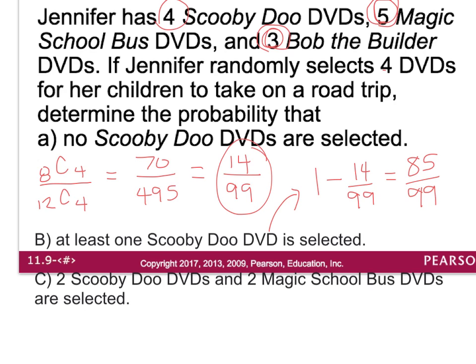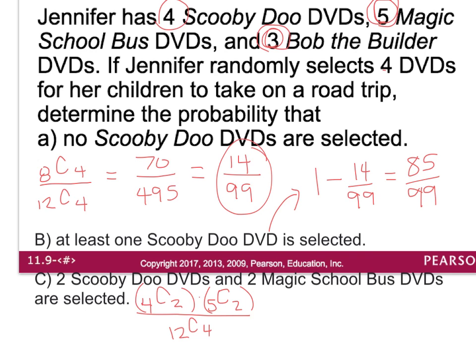So for the Scooby-Doos, there's 4 Scooby-Doos, and she's going to pick 2 of them. There are 5 Magic School Bus, and she's going to pick 2 of them. You'll have to multiply those together, and that's going to make your numerator. There are 12 DVDs, and she's going to pick 4 total.